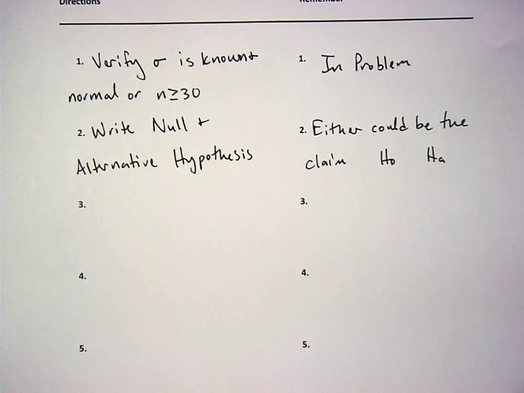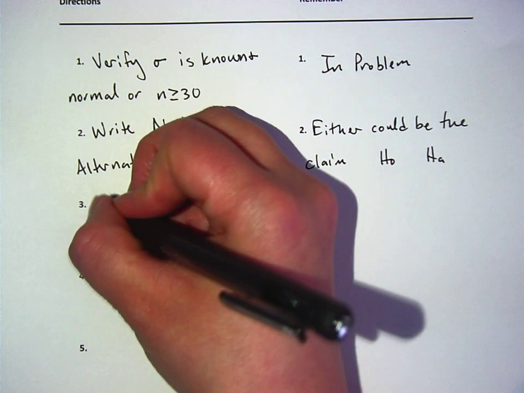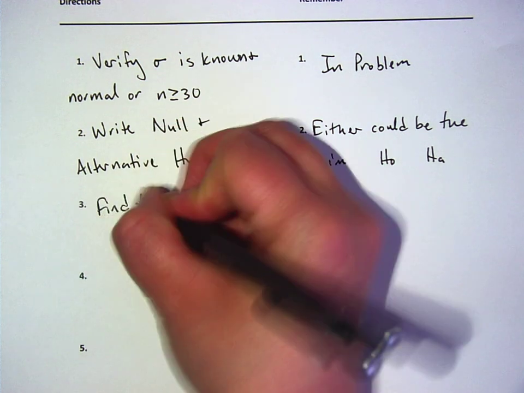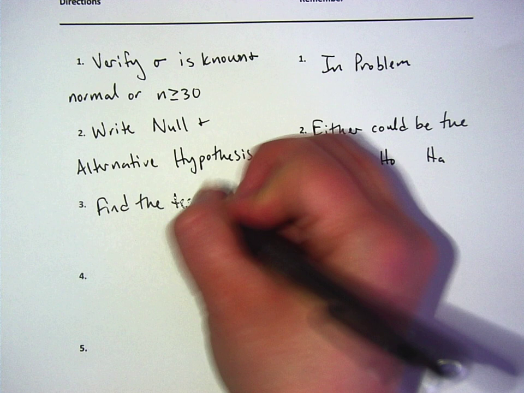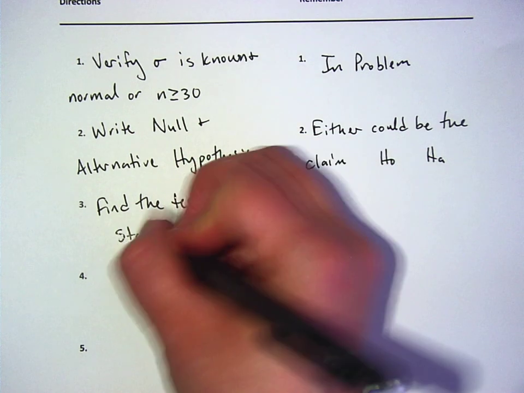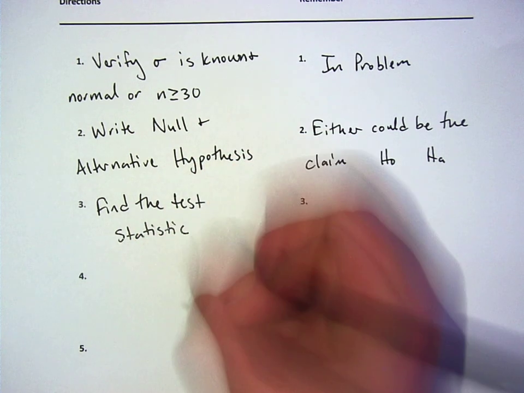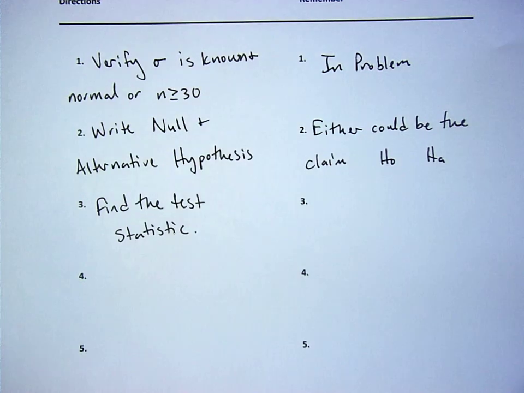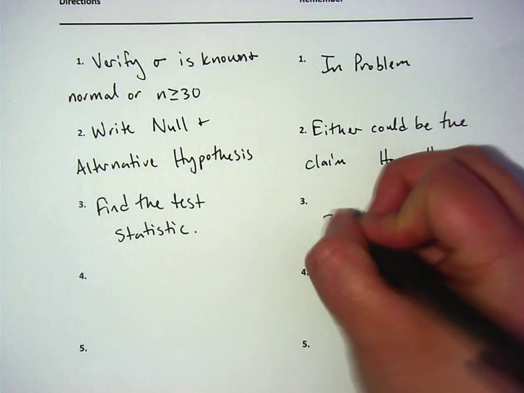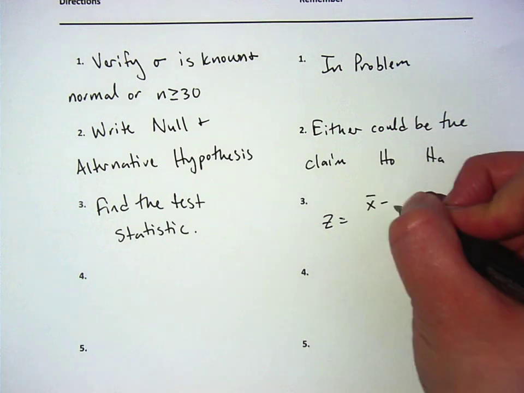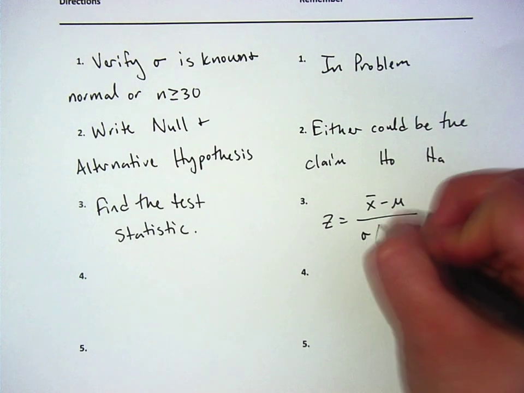Instead of finding a rejection region, there is no rejection region. This time we're going to go straight to finding the test statistic. Find the test statistic. That formula is, again, x bar minus mu over sigma divided by the square root of n.